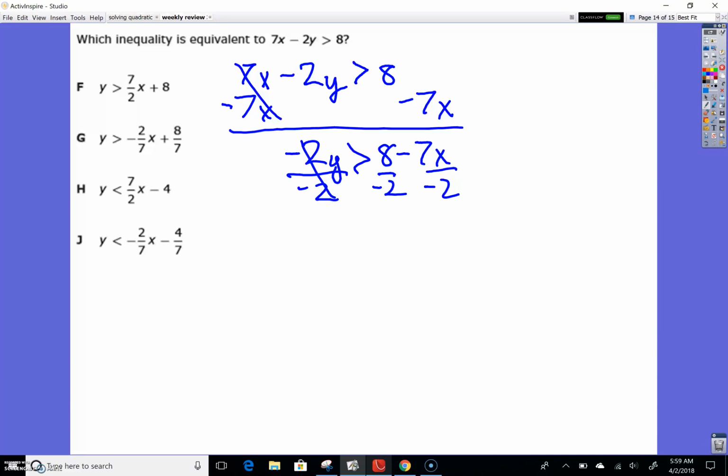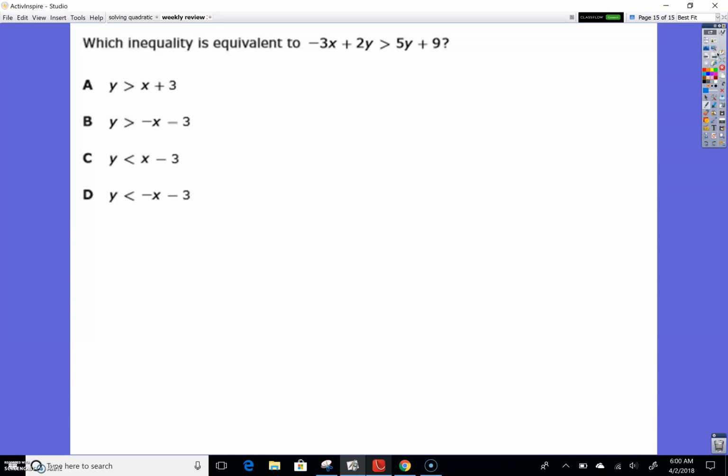So that's going to be y is greater than 7 over 2x minus 4. Again, equivalent, so I add. Here both sides have y, so I'm going to subtract 5y from both sides first.